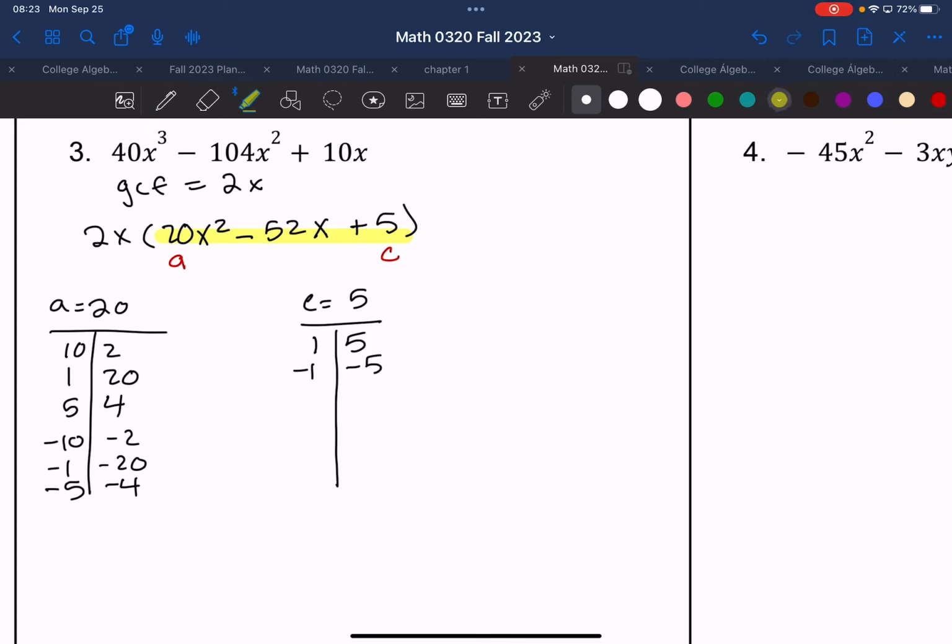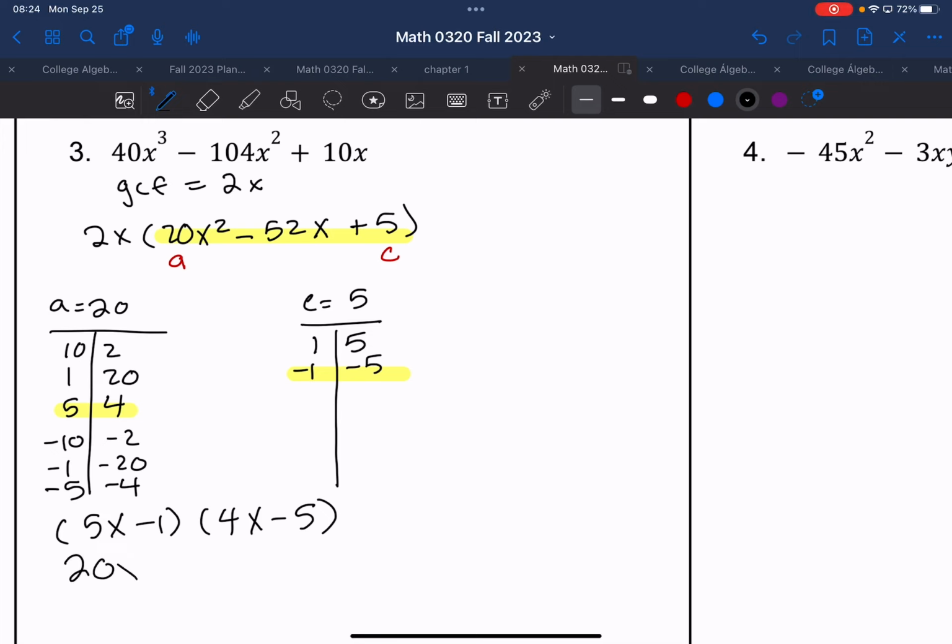5 times 4. Okay, let's try 5 times 4, and then which one do we want to try out of the C's? Okay, we'll do negative 1, negative 5. So let's check those ones, and let's see how close we get. So we have 5x minus 1 and 4x minus 5. Okay, that's taking the A values of 5 and 4 and the C values of negative 1, negative 5. So if I FOIL this out, let's see how close we got.